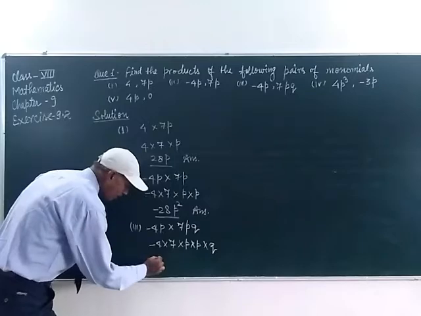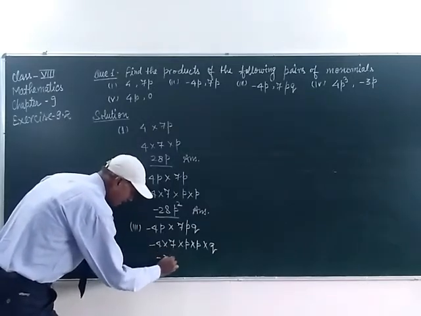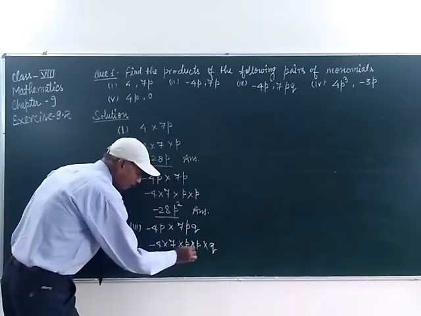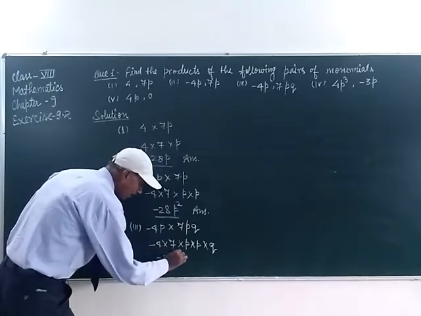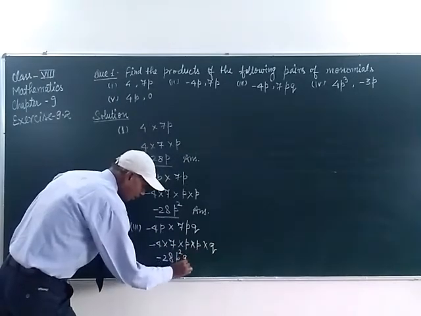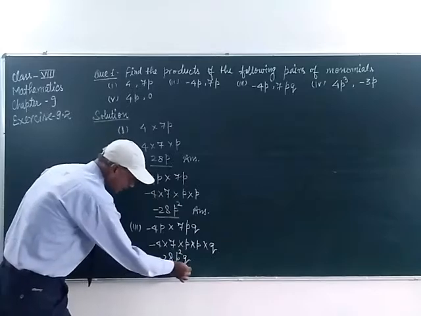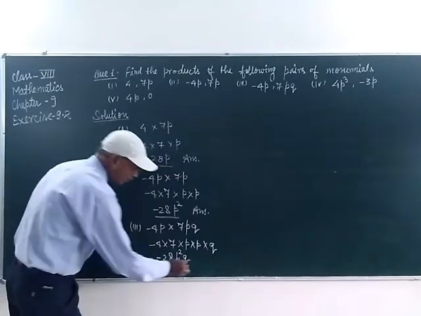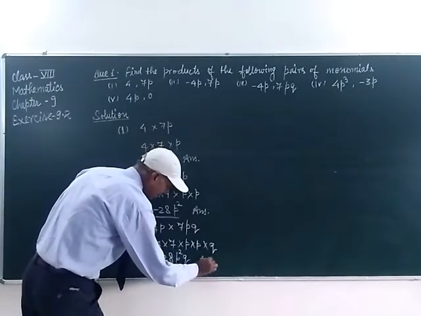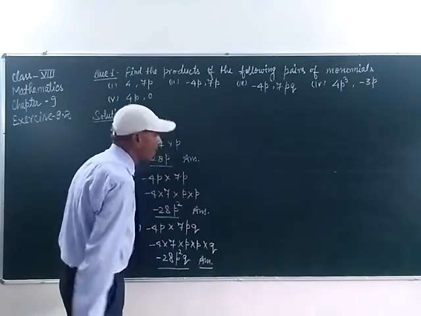Now, 7 fours are 28 and this one is minus 28, p into p is p square, and this one q. So, minus 28 p square q is the answer of the third part of this question.